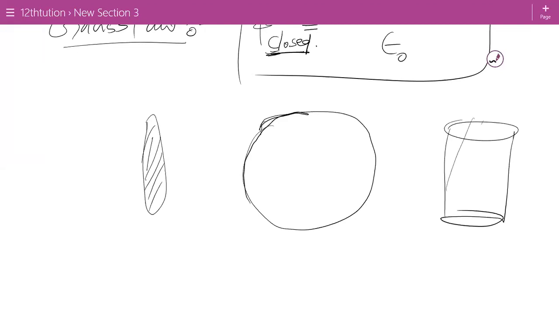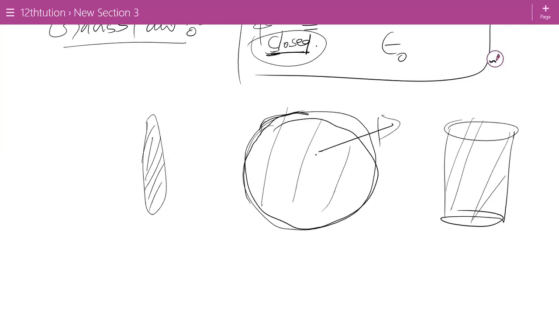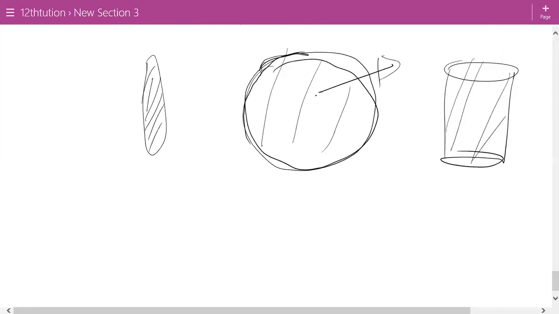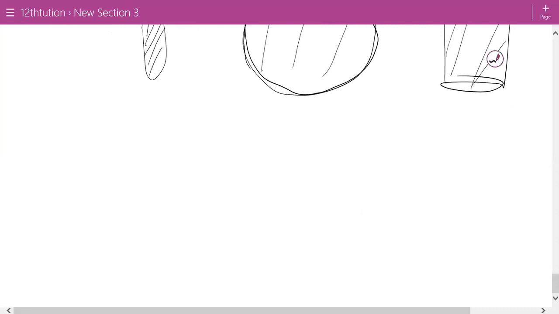So those are called closed surfaces. The flux through these closed surfaces will be equal to the charge enclosed by these surfaces divided by epsilon naught. That is Gauss law. That's very important. Whatever charge is inside, you divide by epsilon naught and you get the flux. You can take that as one of the definitions for calculating electric flux.